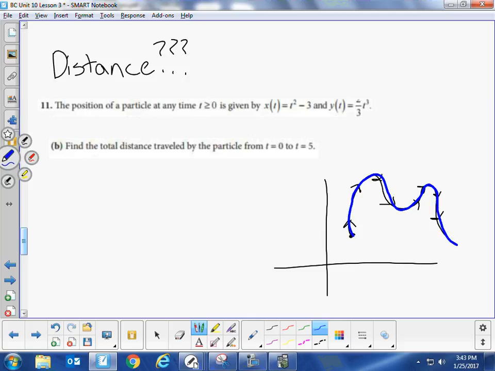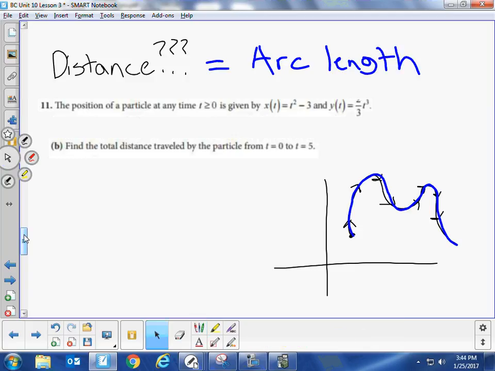So if you're asked for the distance, you immediately think, oh, I just need to find the arc length. Number 4 in your AP free response packet talked about the perimeter of an object. Well, guess what you're going to be looking at? Arc length.